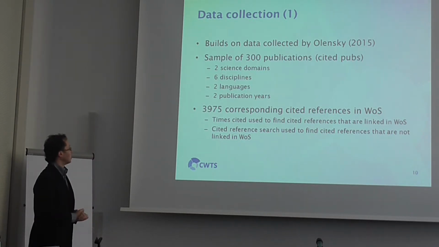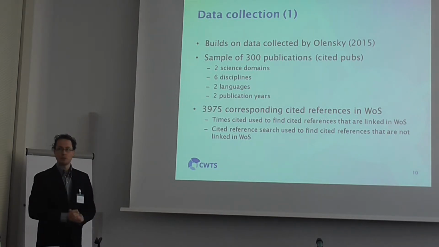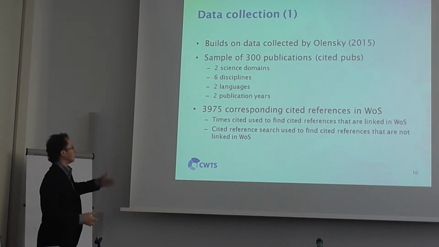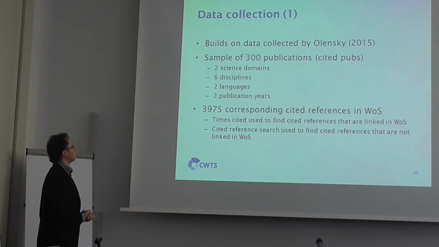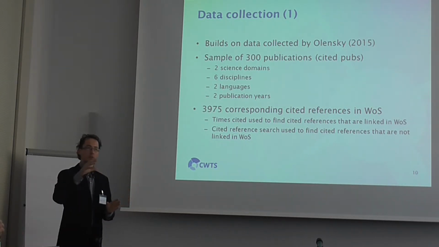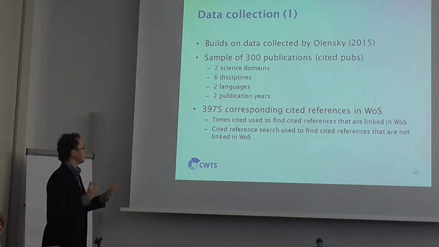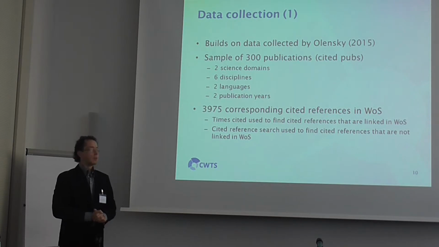And then Marlies did a lot of work finding all corresponding cited references in Web of Science that are referring to those 300 publications. So both the cited references that are linked in Web of Science to those 300 publications, but also the cited references that are not linked in Web of Science.